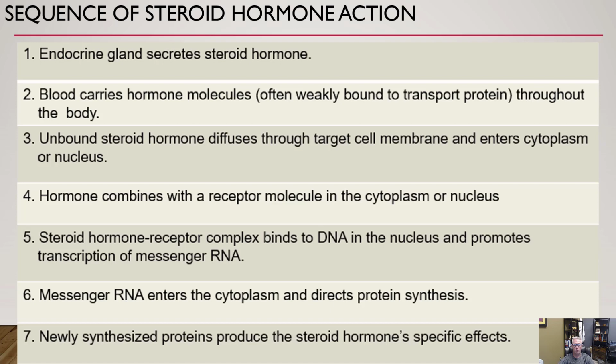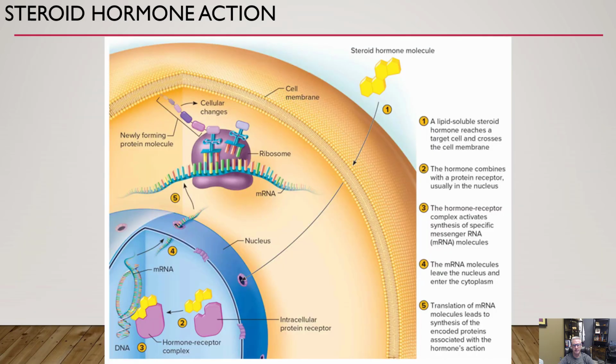The steroid hormone binds to the DNA and promotes transcription of mRNA. The mRNA causes protein synthesis, and that newly synthesized protein produces that hormone's effects. And here you can just see the stepwise process of what happens.